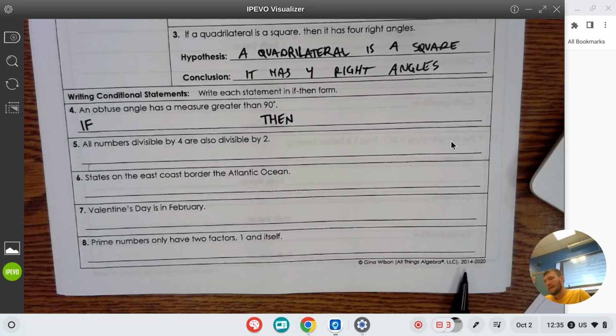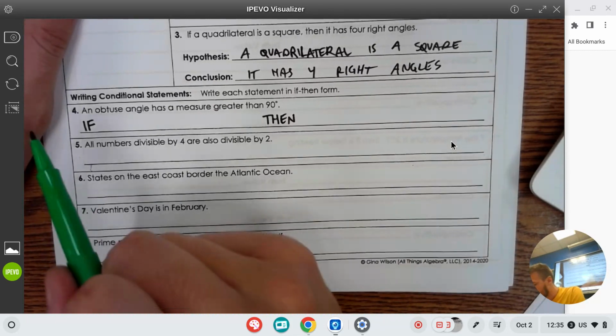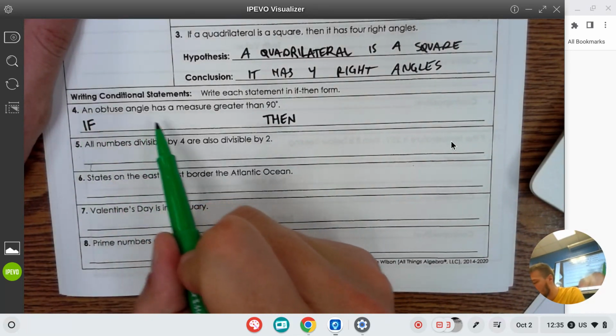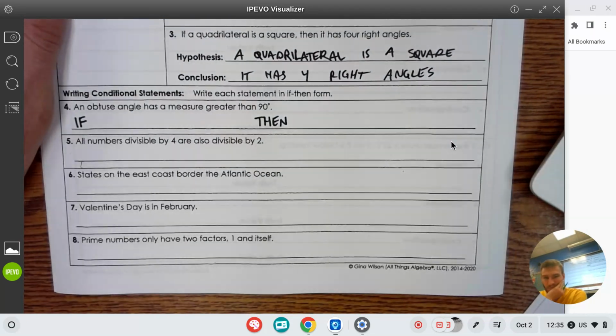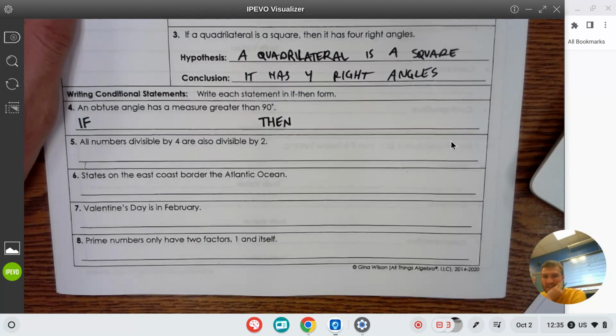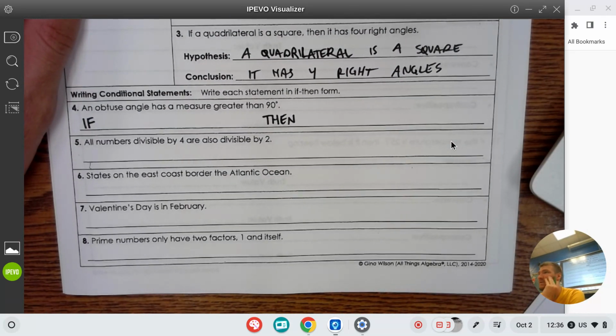Okay? It's not always super straightforward where you just cut the sentence in half. Okay, so let's read number 4. An obtuse angle has a measure greater than 90 degrees. Any ideas how we can break this down? Anybody want to go for it? Is that a hand? What do you got?